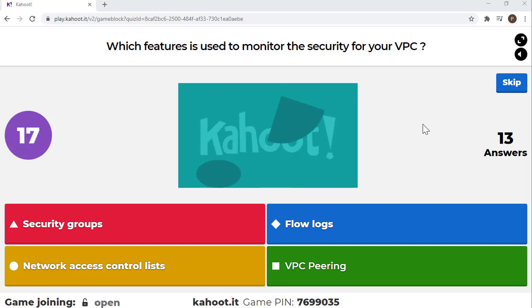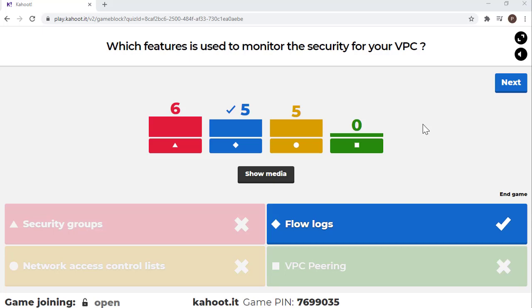So last few people who are still thinking, think about monitoring the security. Okay, so 5 of you guys got it right, which is flow logs.